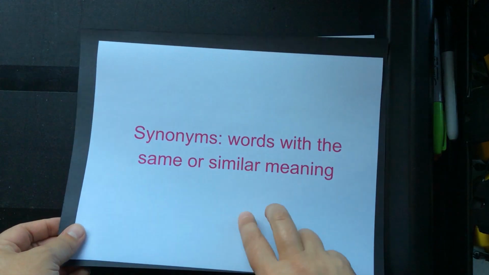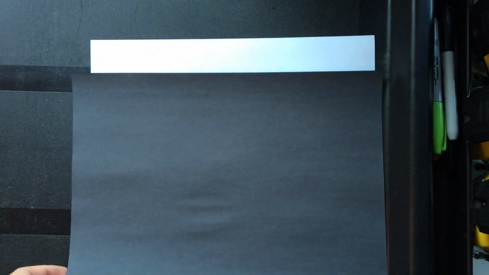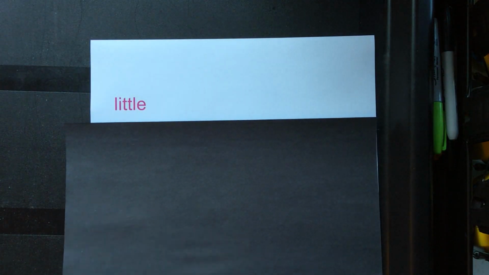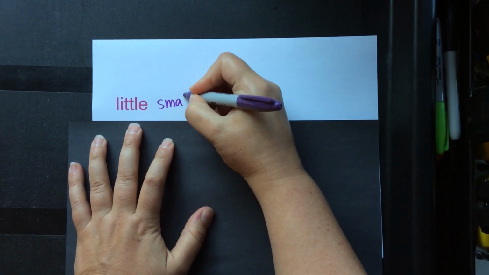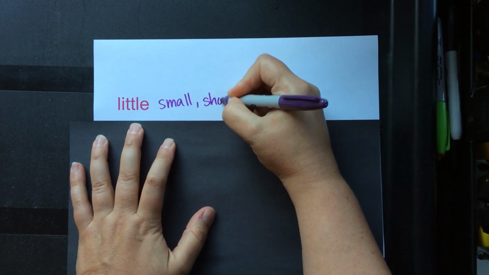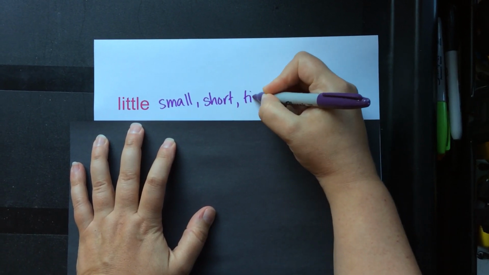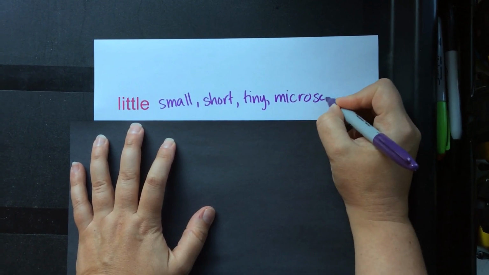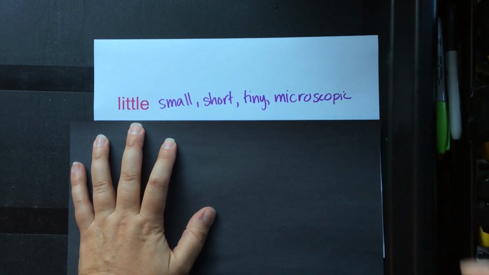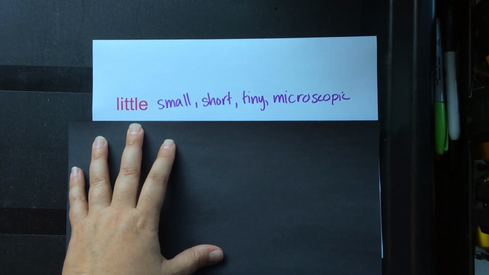If we think about a couple of words that have lots of synonyms, if we think about the word little, we might think about the word small, or short, or tiny, or microscopic as being synonyms for little.